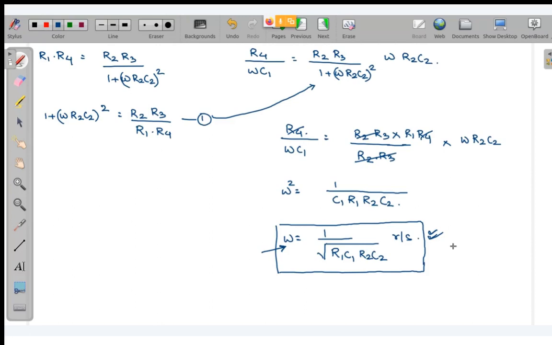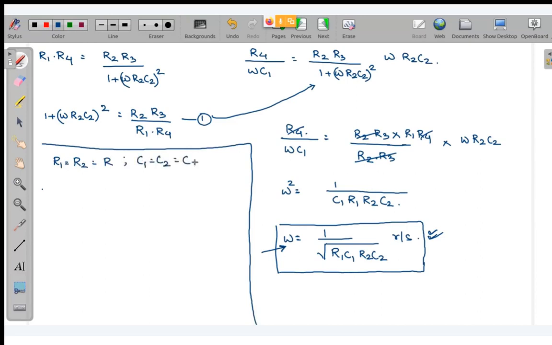Any doubt? Okay, so now what might happen if R1 is equal to R2? Let us assume this as R, and C1 is equal to C2 is equal to C. Then the expression will be equal to 1 by under root of R square C square, or 1 by RC radian per second.